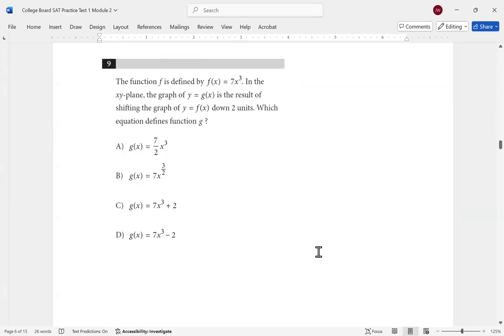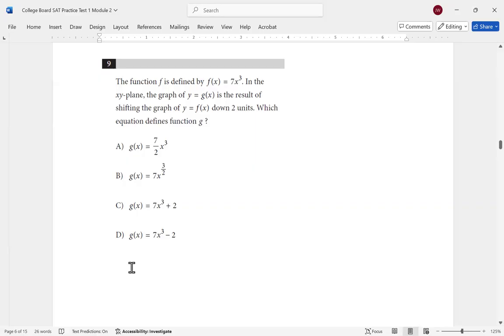Problem number 9 says the function f is defined by f of x is equal to 7x raised to the third power. In the xy plane, the graph of y equals g of x is the result of shifting the graph y equals f of x down 2 units. What equation defines the function g?